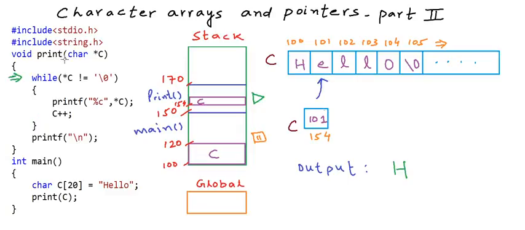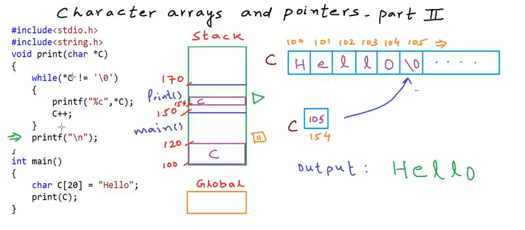And once again we come to verifying this condition in the while loop. Asterisk c is E here, it's not null. Once again we will go inside the loop and print E, and we will keep on going like this till the address in this pointer variable reaches 105. Now the value at this address is the null character, so the loop will not execute.